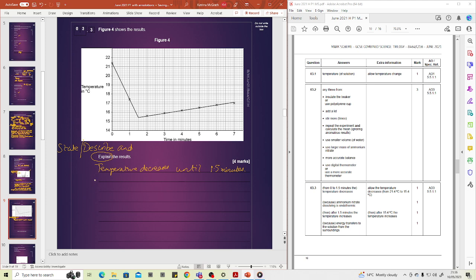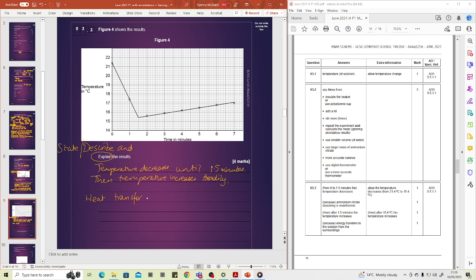Okay, then temperature increases steadily. Okay, so we're talking about heat changes, and you know from our topic that we can use heat transfer in and out.